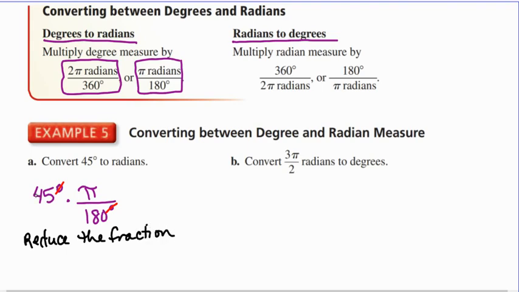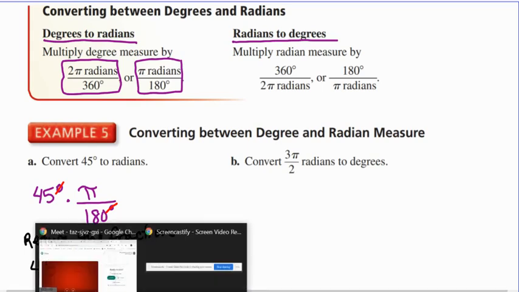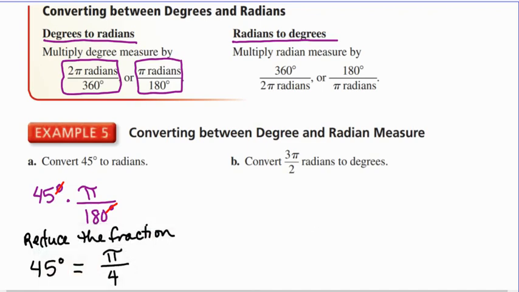Okay, and 45 goes into 180 4 times. So 45 degrees is the same as pi over 4 radians. And for radians, we actually don't even use a symbol. We just know that if it's pi over 4, radians is implied.